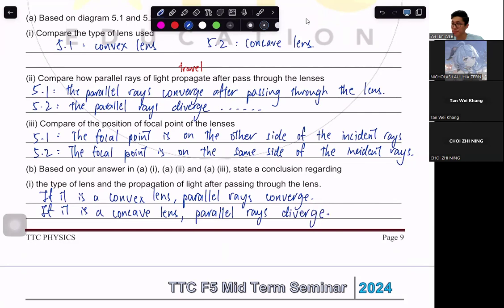That's it. Very easy, very straightforward answer.